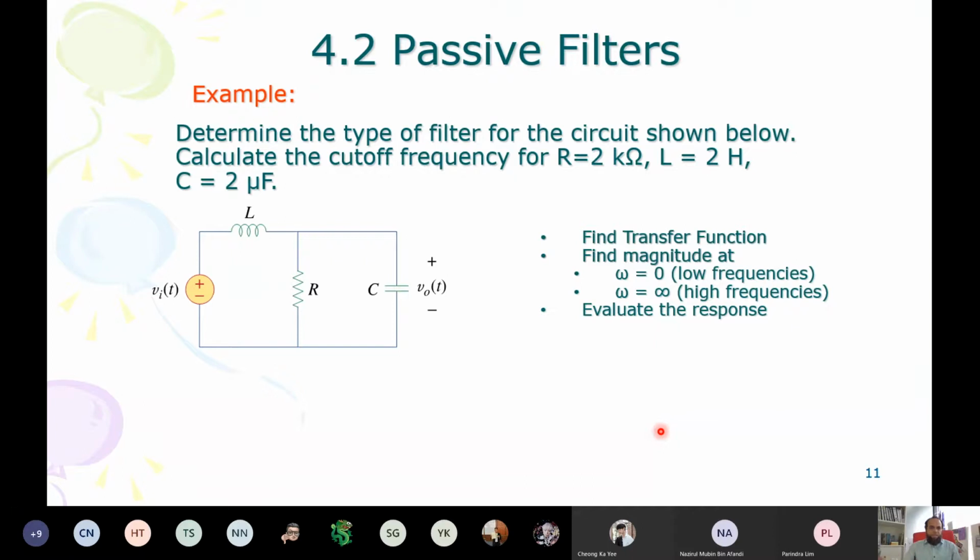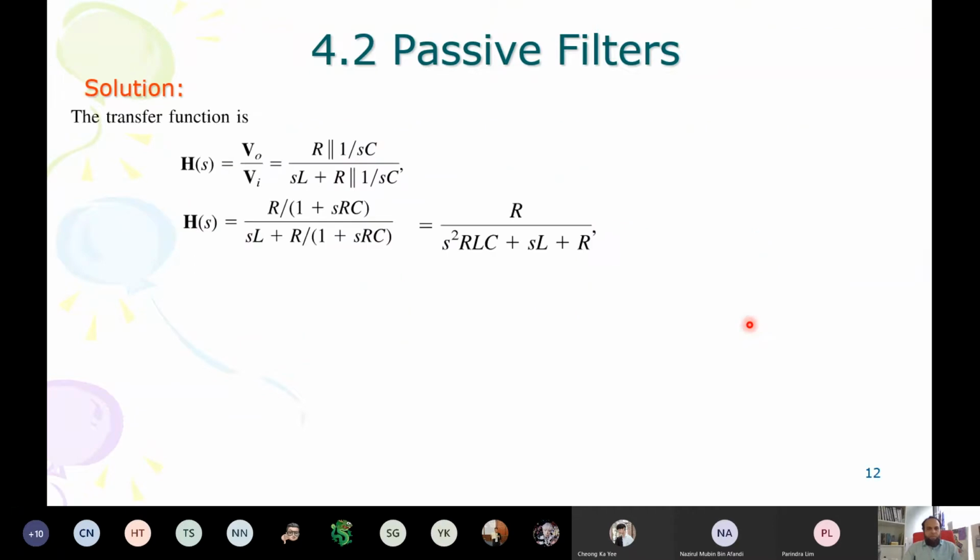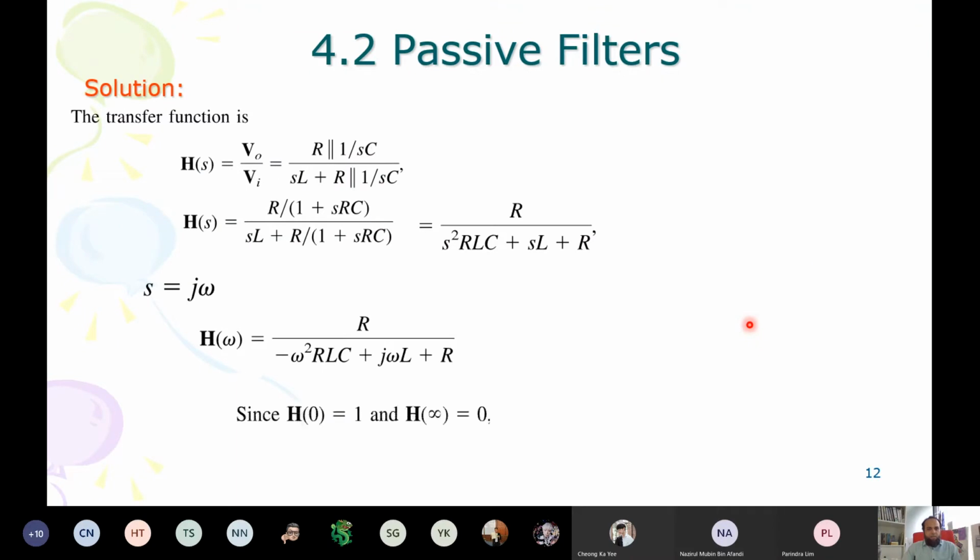All right, so this is the approach. Find the transfer function, find the magnitude at 0, find magnitude at infinity, evaluate the response, and then later on also find the cutoff frequency and the center frequency. So you see we are finding the transfer function with s equal to j omega. We put omega equal to 0 and omega equal to infinity.